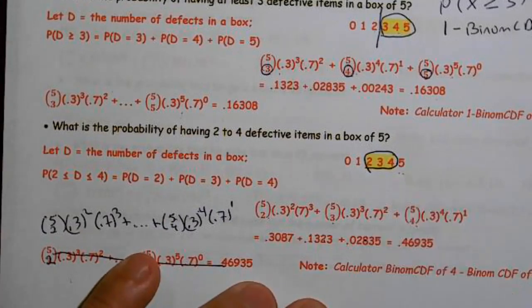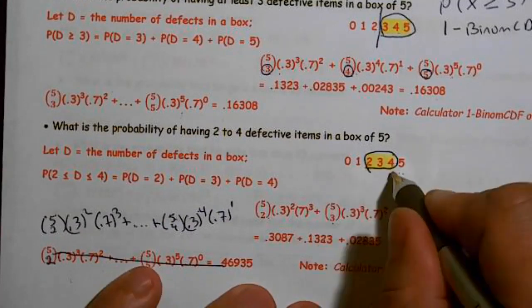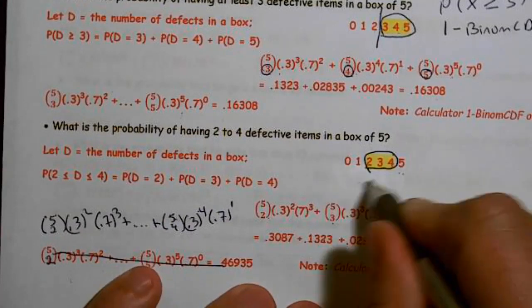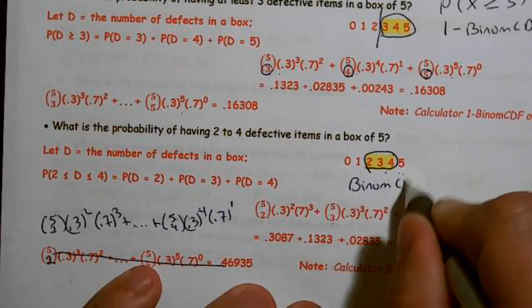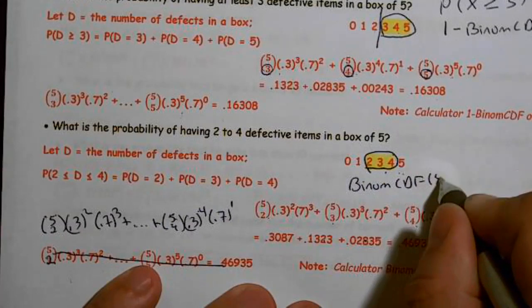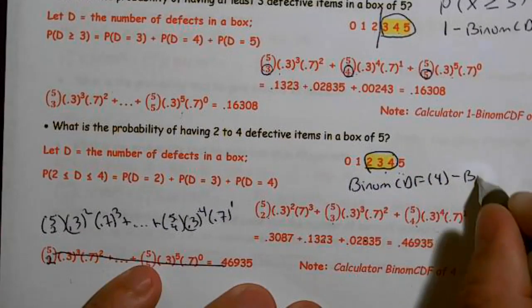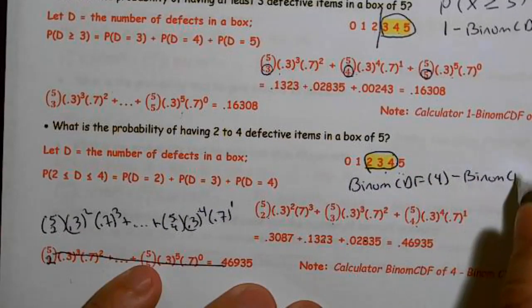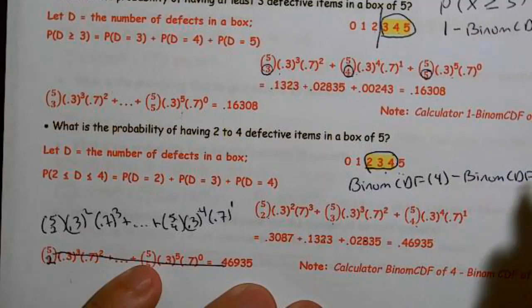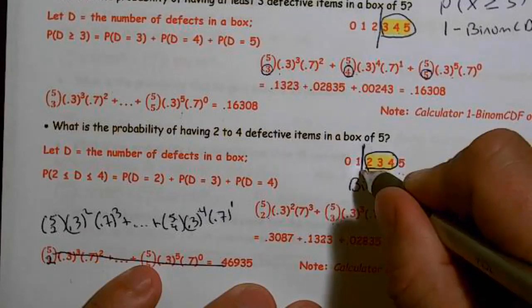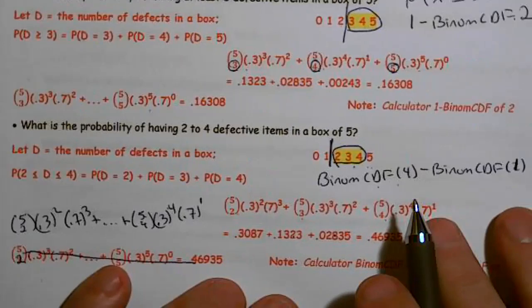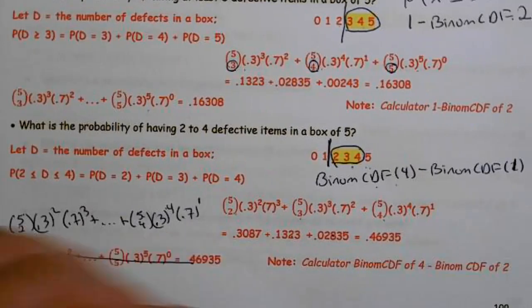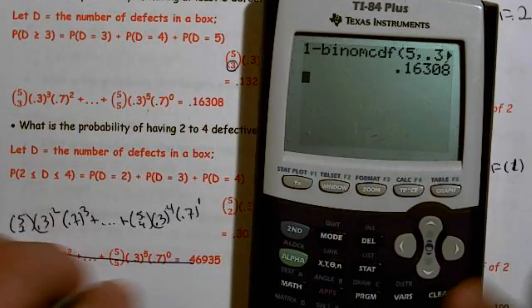All right, on the calculator, this is a little bit of work. The highest thing I want is 4. So I'm going to do the binom CDF of 4 minus, be careful here, never ever subtract out what you want, subtract out the highest thing you don't want. Well, I wanted 2, the highest thing I don't want is 1. So binom CDF of 4 minus the binom CDF of 1. So this is going to look like this.